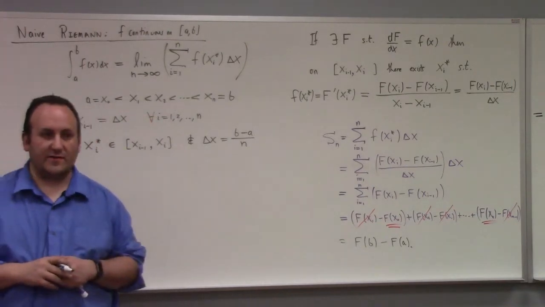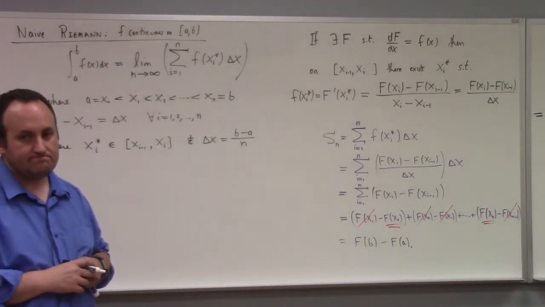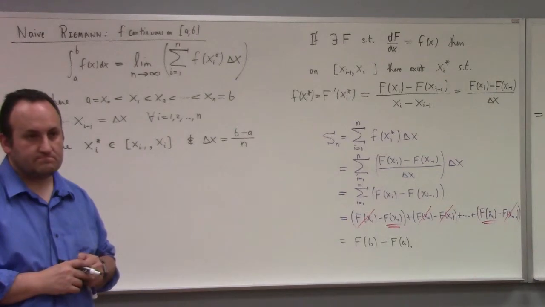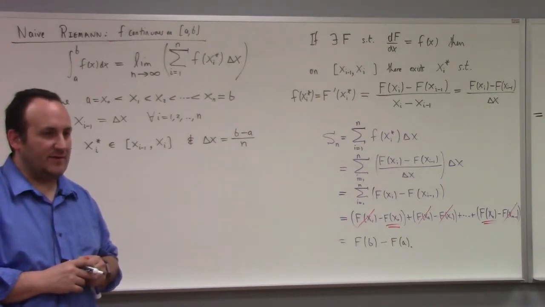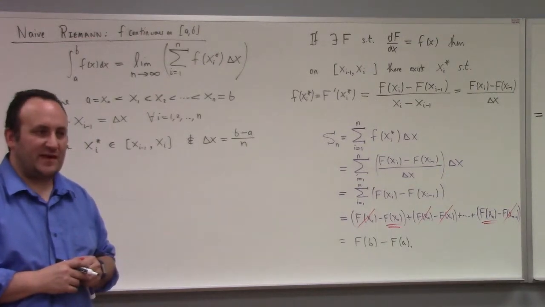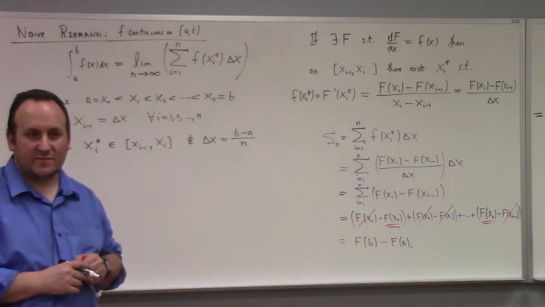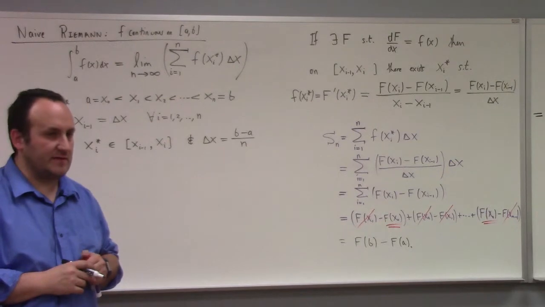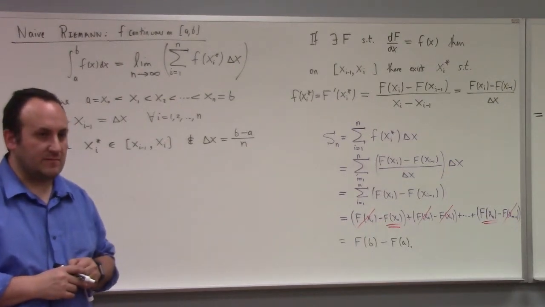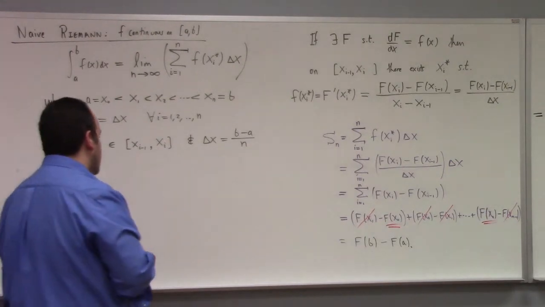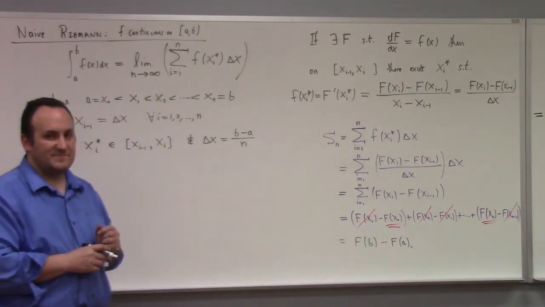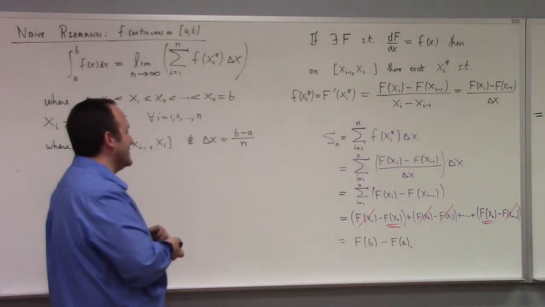That's the fundamental theorem of calculus if we pass to the limit. Okay, so this is not a bad approach. Some things can be proved and they're not that hard to prove, like this, right? If you have a differentiable function.